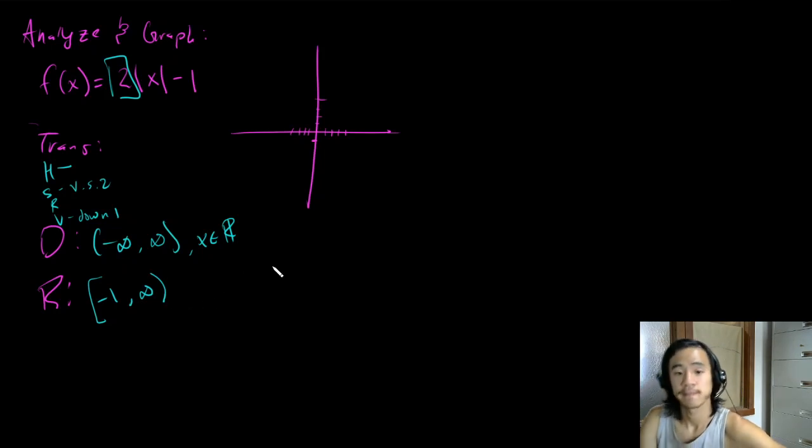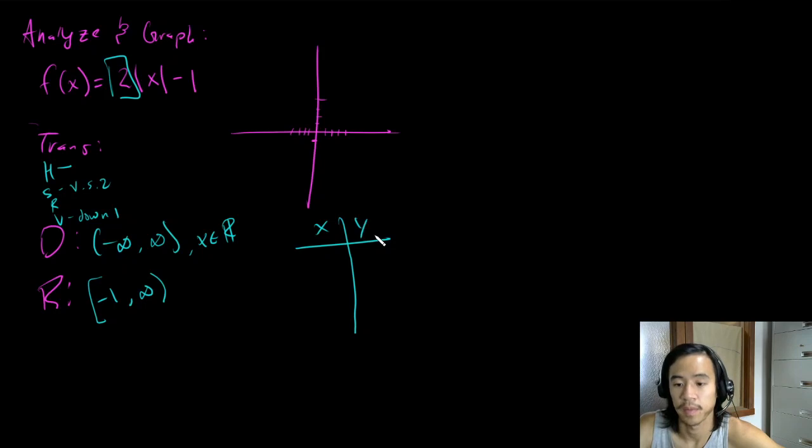Alrighty, so let's go ahead and graph this. So here's our parent function. The important thing about graphing and tabling this is that you want to use as many coordinates as you feel comfortable using. I'm going to use 3 here, but if you feel more comfortable using 5, then that is okay.